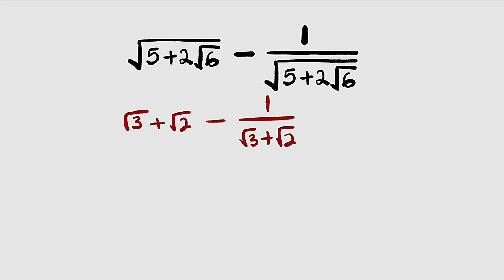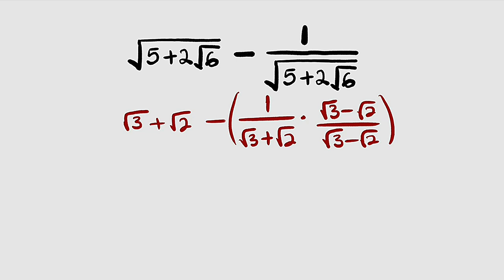And how can we do that? By multiplying the top and the bottom by the conjugate of the denominator. This is our denominator. Its conjugate is √3 − √2. So we are going to multiply this by √3 − √2. We do the same thing, √3 − √2.